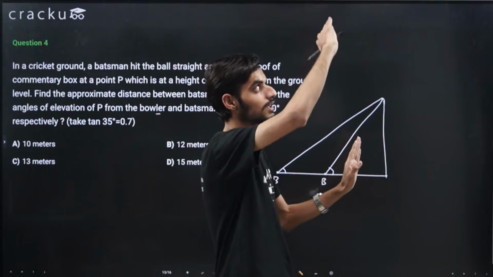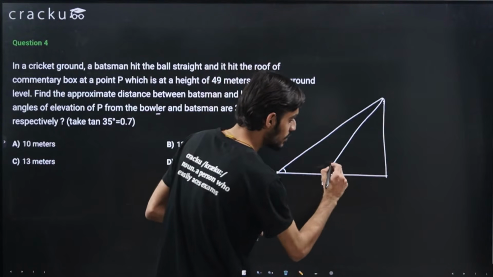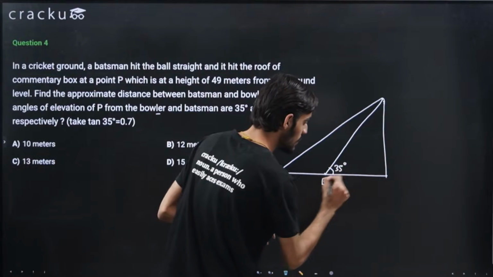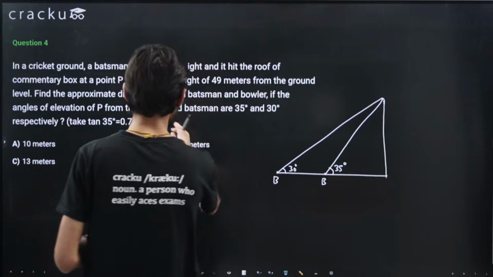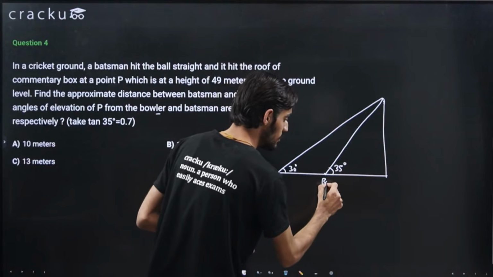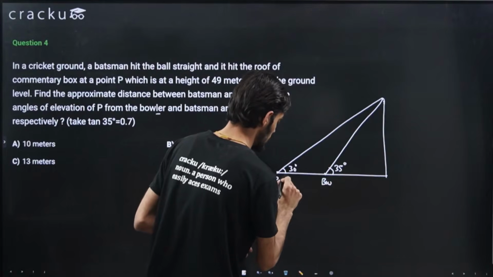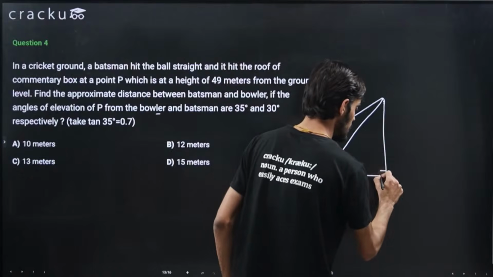So here the angle of elevation will keep on increasing. Okay, so this will be the larger value, so this will be 35 degrees, this will be 30 degrees, and also we know that the 35 degrees is with respect to the bowler. So this is bowler, this is batsman. Okay, so this is of course 90 degrees.